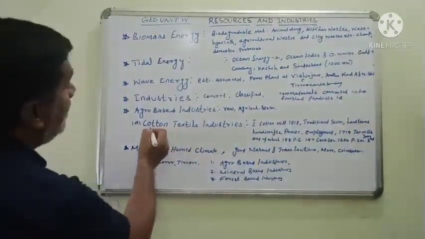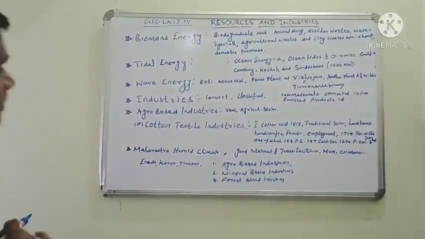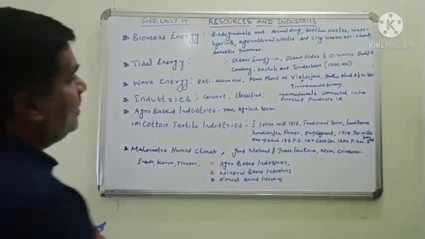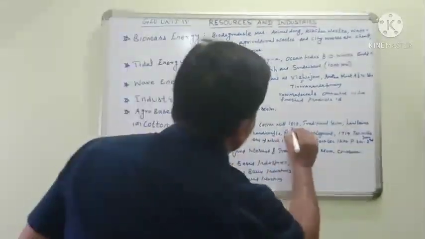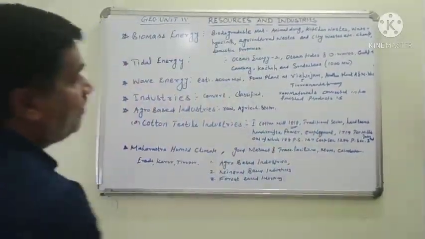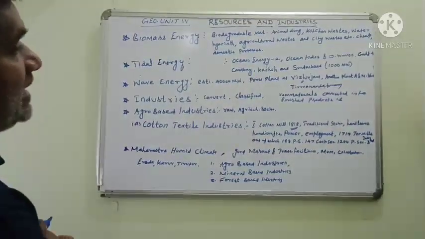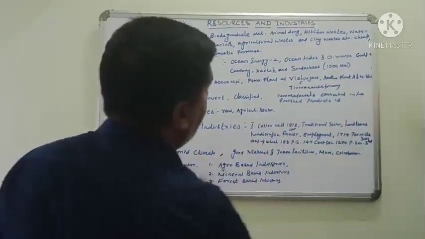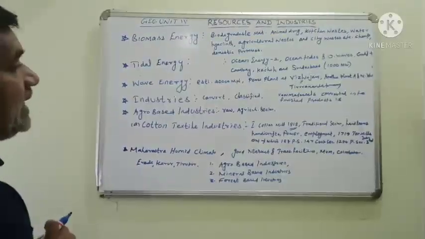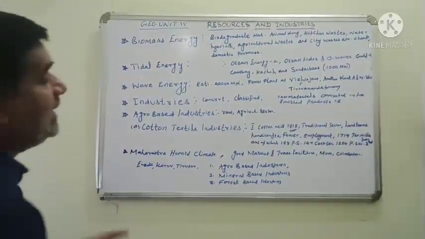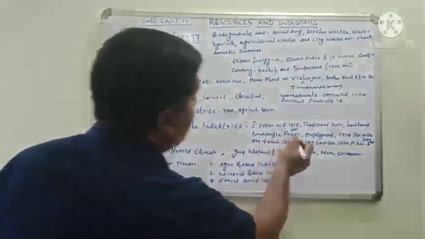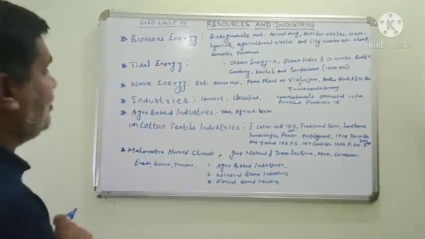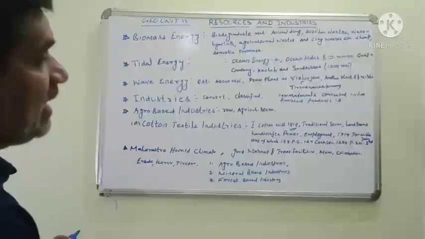First one, the cotton textile industry. The first cotton mill was established in 1818 in our country. It is one of the traditional sectors. Initially, many textile goods like handlooms, handicrafts and power looms were established in our country.